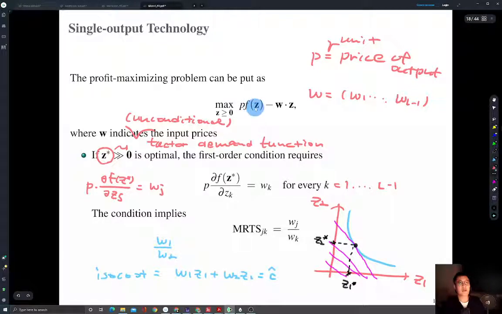The first is the technology constraint: given these inputs, the firm can produce up to f of z at most. Additionally, there is the market constraint: by producing this quantity, the firm can attain this amount of revenue, which is given by the unit price of output times f of z, the quantity produced.